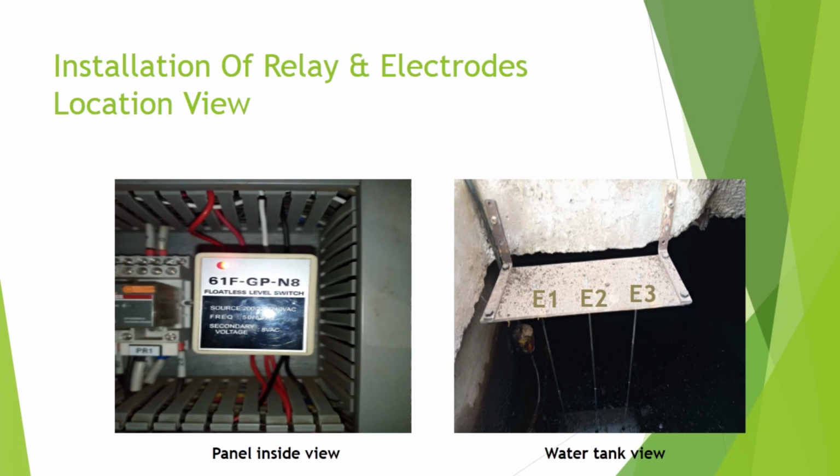E1 is the up level of the water in the tank, E2 is the moderate, and E3 is the down or low level, you can say. So I hope you understand about the installation of the floatless level switch at the panel side, and the physical installation inside the water tank.